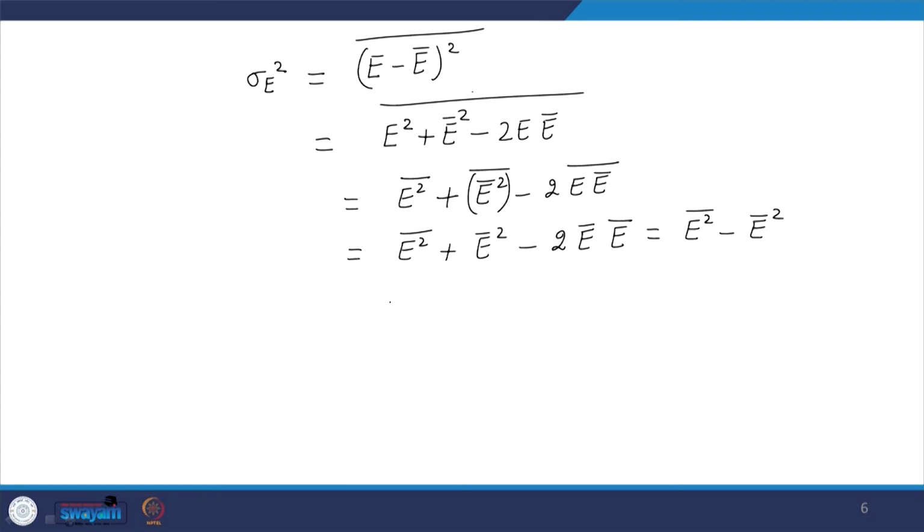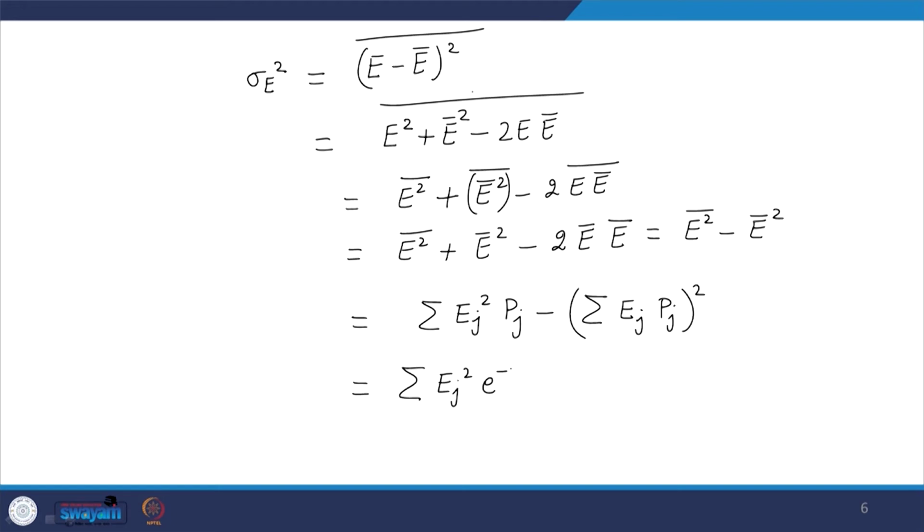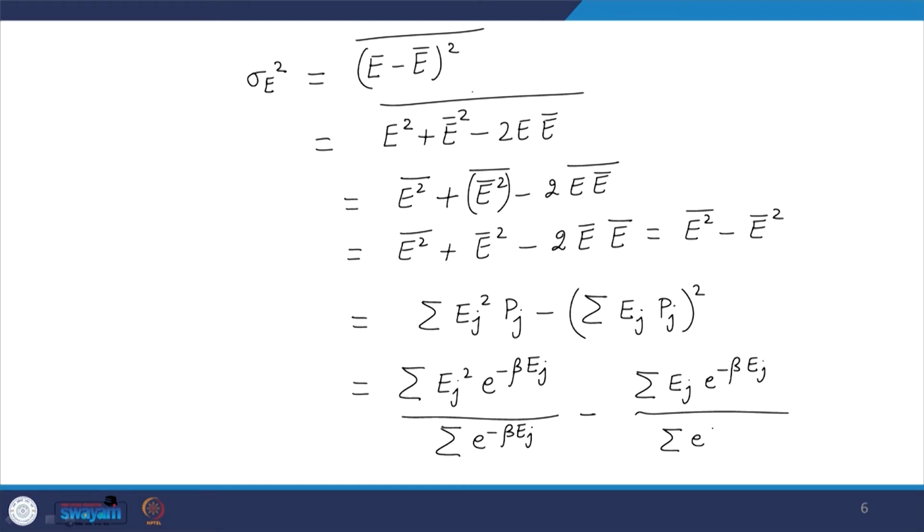Now, using the definition of the averages, we can write this as the summation of E_j squared P_j minus the summation of E_j P_j, whole squared, where P_j is the probability of having energy E_j. So, I can write this as the summation of E_j squared e to the power minus beta E_j, divided by the summation of e to the power minus beta E_j, minus the summation of E_j e to the power minus beta E_j, divided by the summation of e to the power minus beta E_j, whole squared.